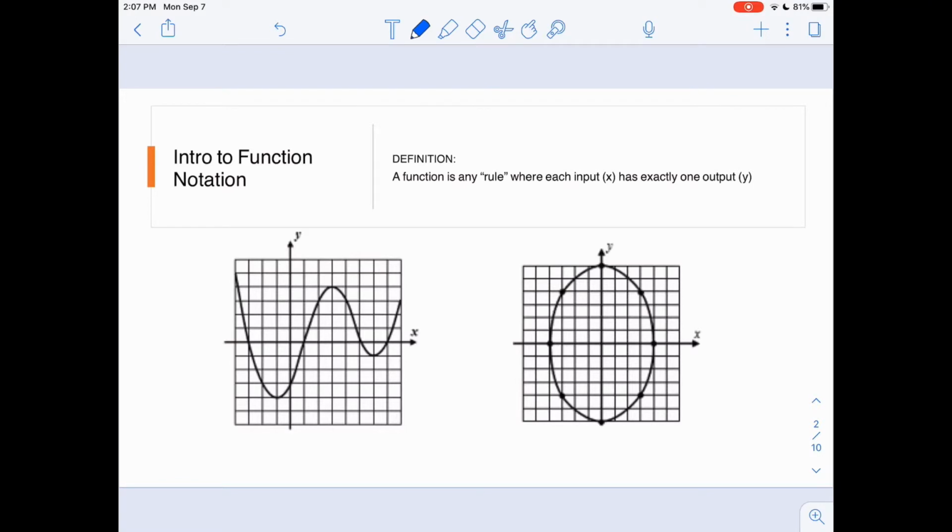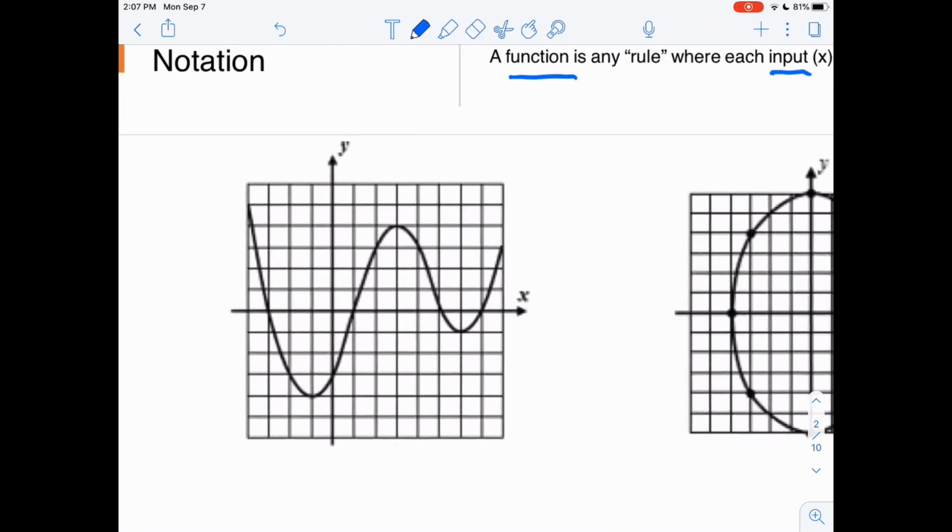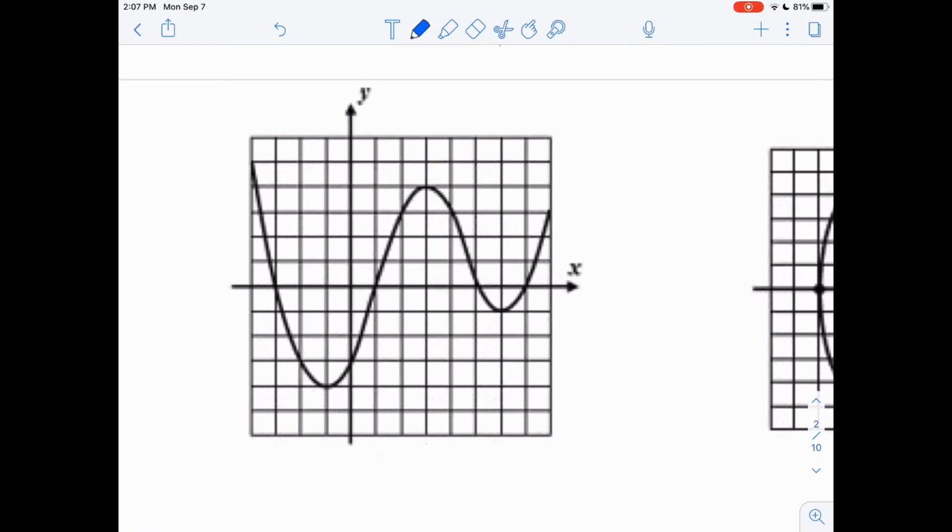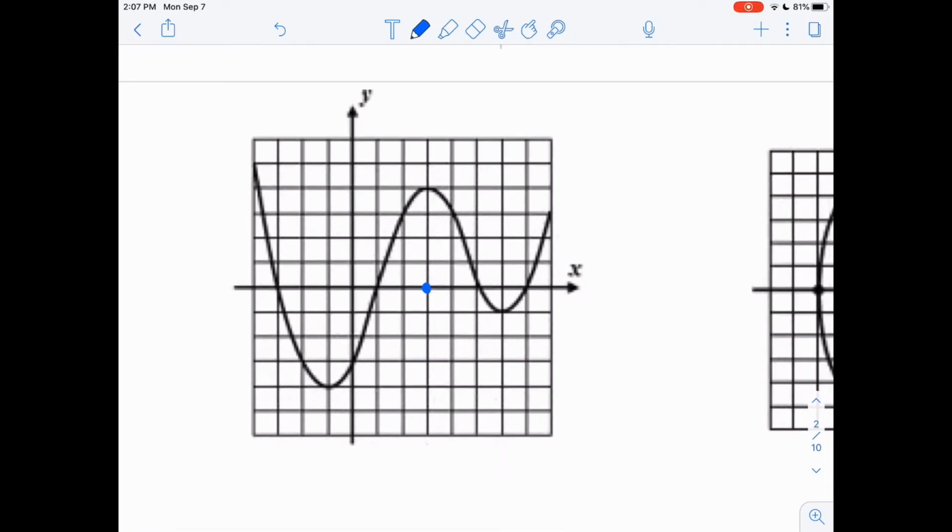A function is any rule where each input, or x, has exactly one output, or y. We're going to look at two graphs to see which one's a function and which one is not. So if I look at the graph on the left, I'm going to check a couple of inputs. Let me check this input right here.